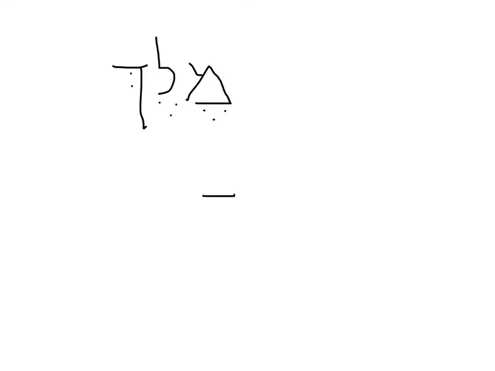Now, if we wanted to say the king, no problem. We just add the hey, patak, and the dagesh in the mem, the first root letter. What if we wanted to say like a king? Well, no problem.